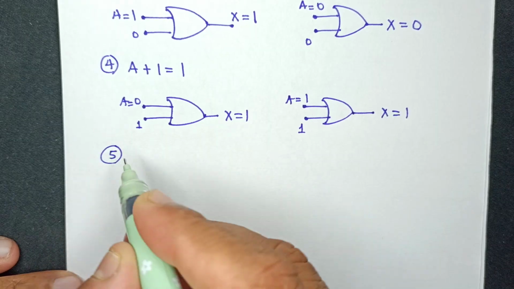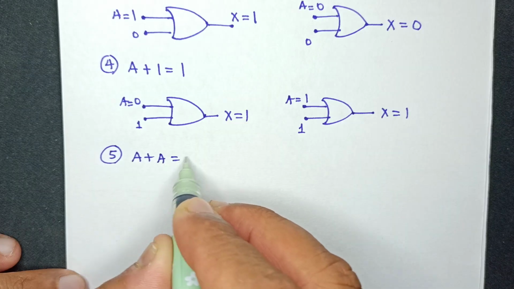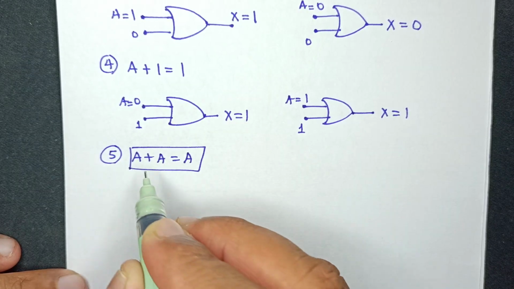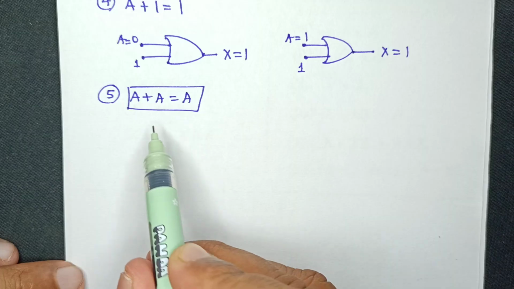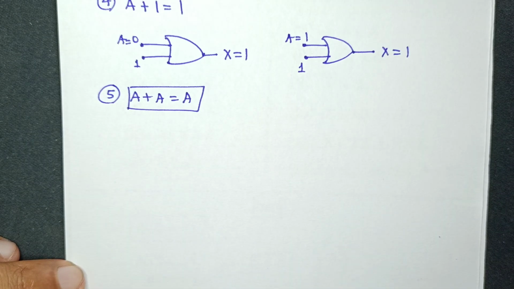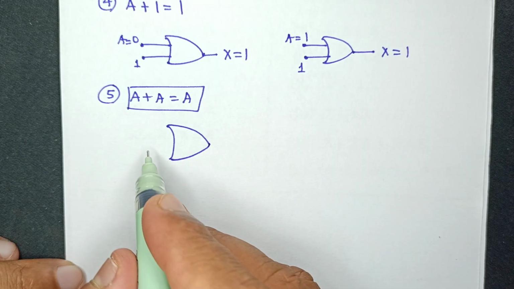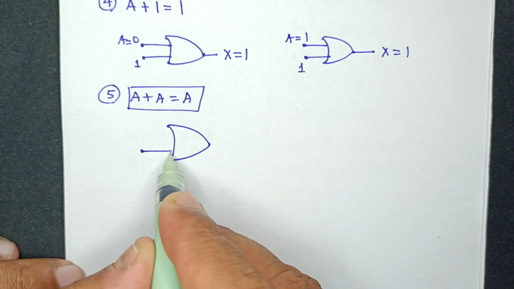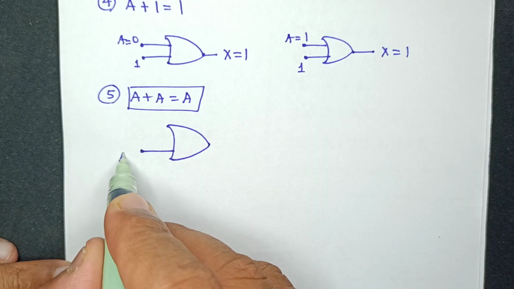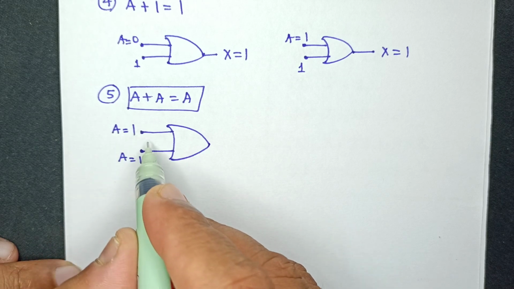The fifth rule is that the value of a plus a is always equal to a. Now how did this come into existence? Clearly you can see, since we are using a plus sign here, technically we are using an OR gate. So let me draw an OR gate over here, and one of the inputs is taken as 1 and the same value will go on the other input as well.